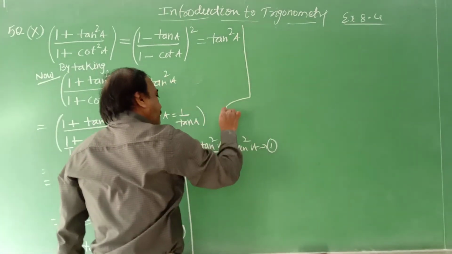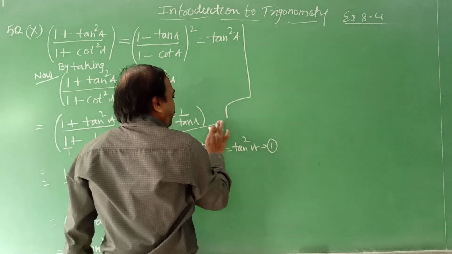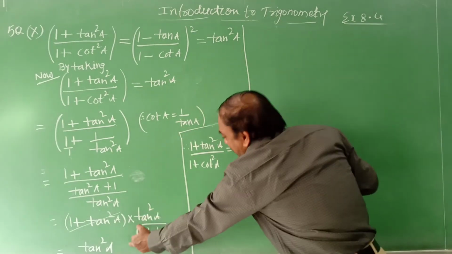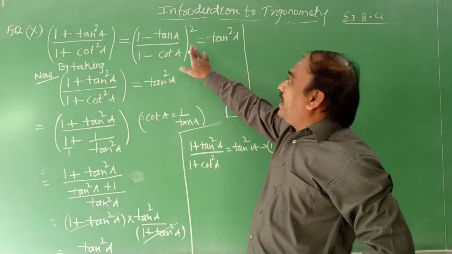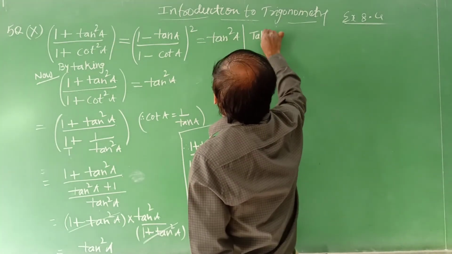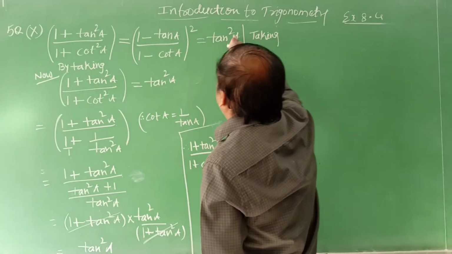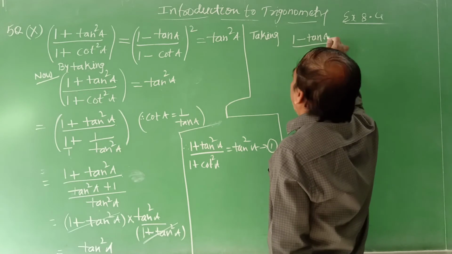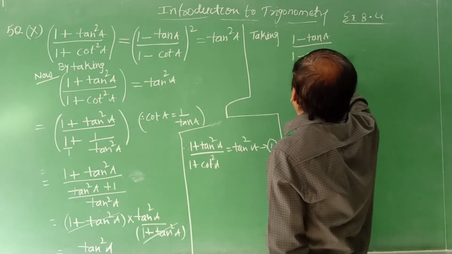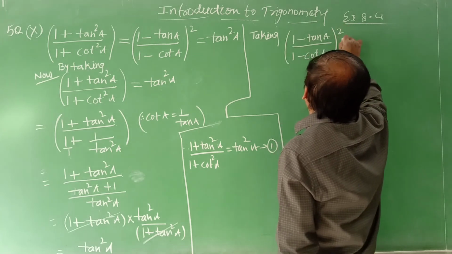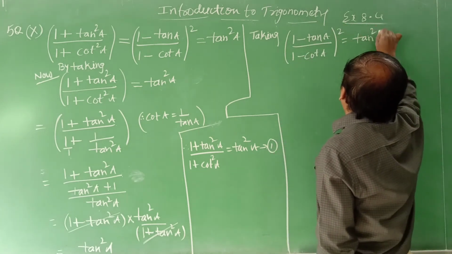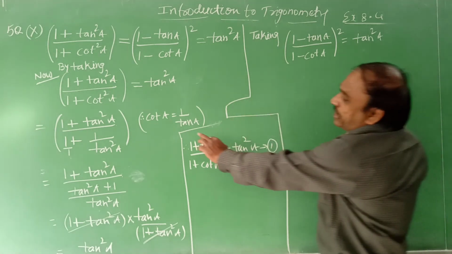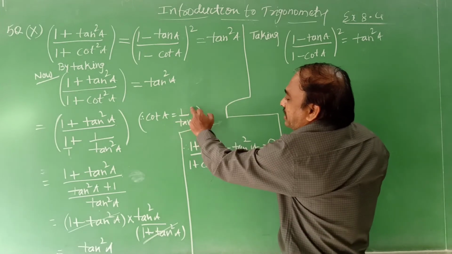Now from this equation 1, go to the second one. Now we are taking these two parts: 1 minus tan A by 1 minus cot A whole square is equal to tan square A. Again, similarly, just as we converted cot A in terms of tan, cot A is equal to 1 by tan.